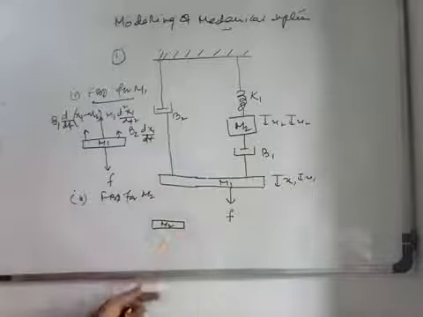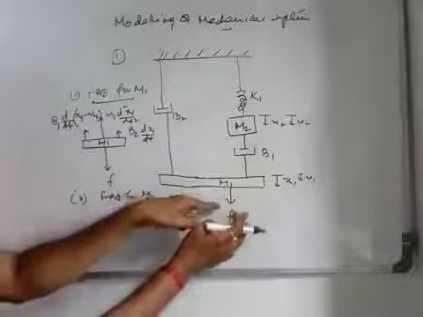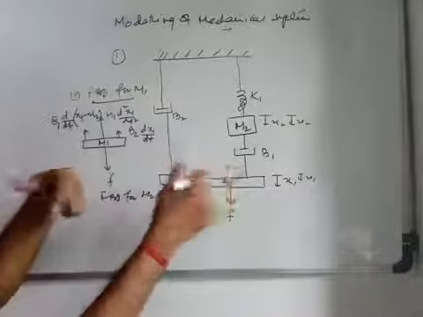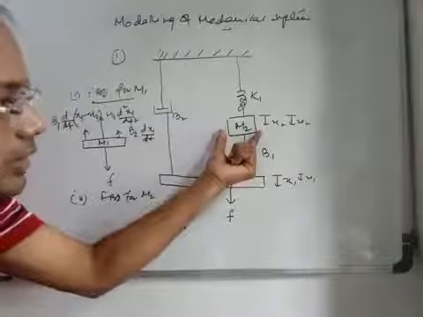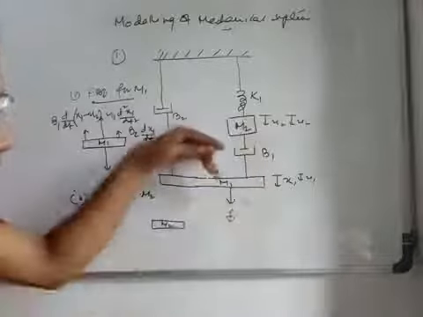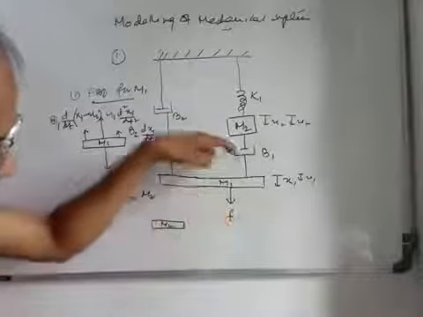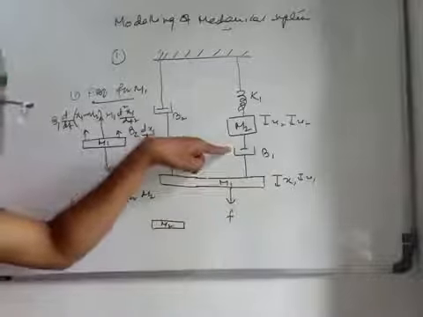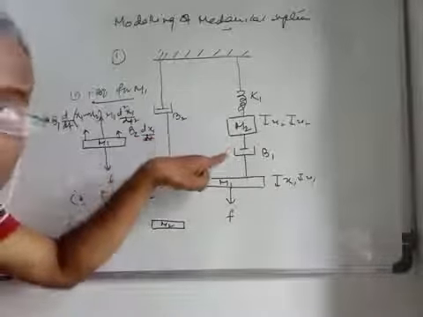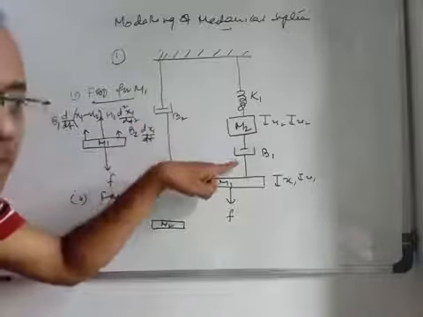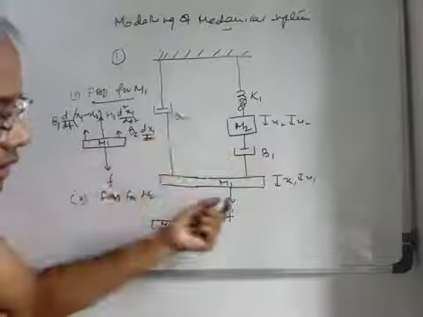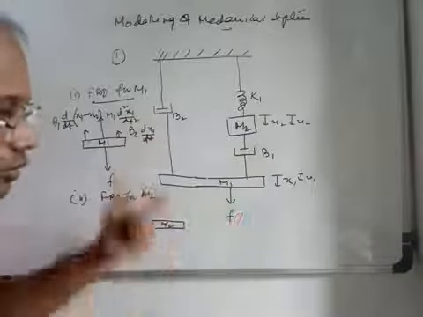And once the free body diagram for m1 is over, now see there is no direct force acting on this m2, but as this force is exerted, we have described in the last lecture that these are basically the storage elements. So energy is stored here when you remove this force. So what happens?